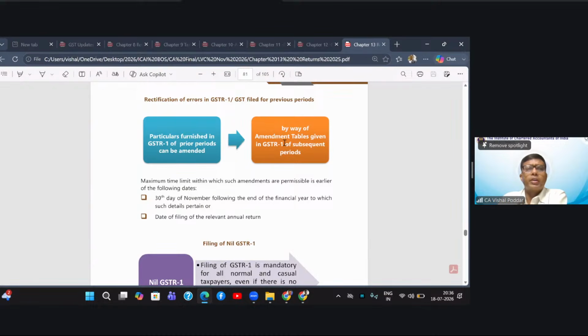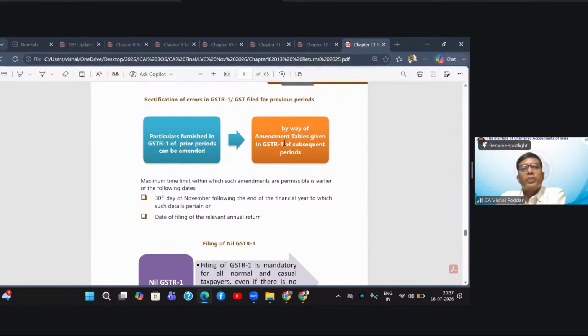Within GSTR1, there is a separate category showing the amendment table. So what you can do is you can use the amendment tables of the next period's GSTR1, and in the next period's GSTR1, you can upload or you can do the correction of the previous month's mistakes.